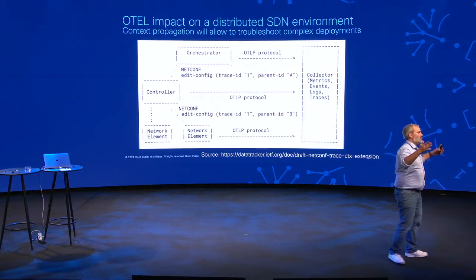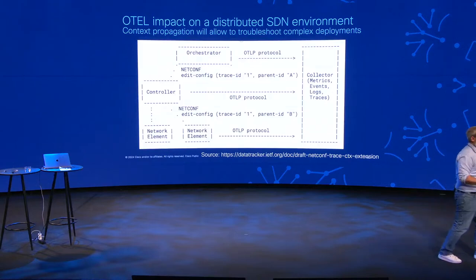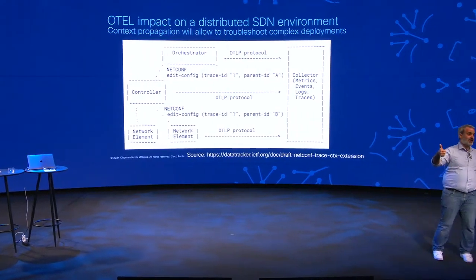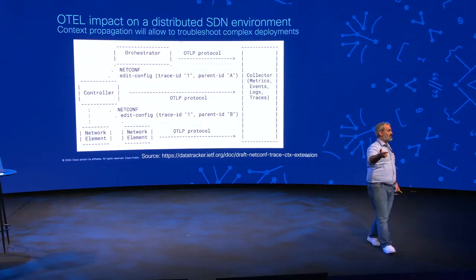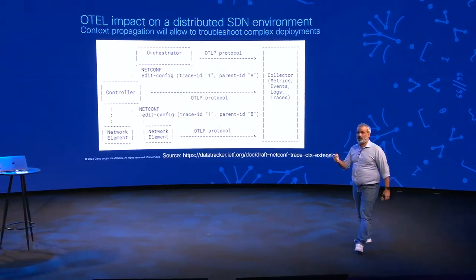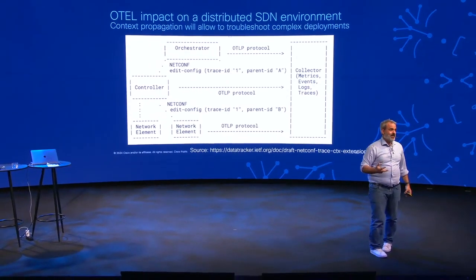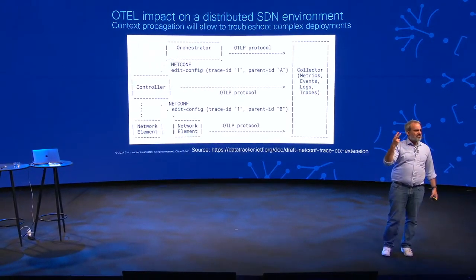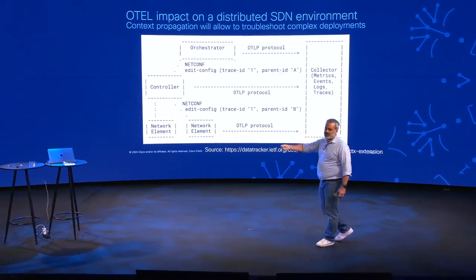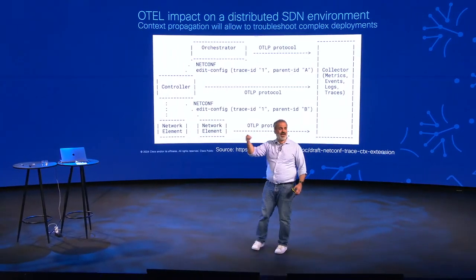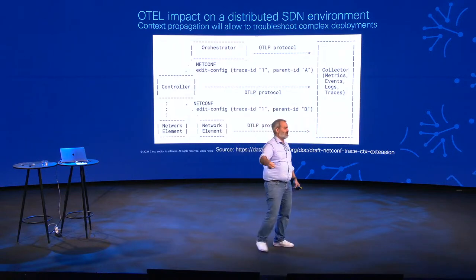Let's take a normal NSO NETCONF commit. I may have a validate call. I may do a get call to check if something is available. I may do a post, okay? And if something went well, I may do a post check with another get. That's 3 calls. All of them are going to have the same trace ID, but each one of them is going to have a different parent ID, because the moment that was done in time was different, correct?